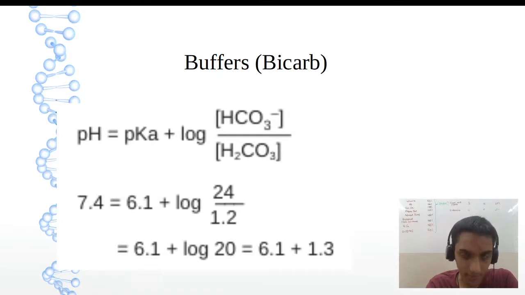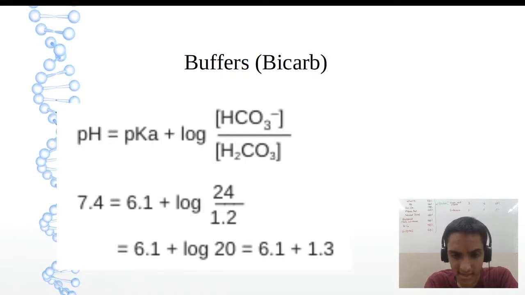Log 10 is 1. So we'll get 1.3. Now after doing this, 7.4 is the result. That means at a pH of 7.4, this buffer is effective. And if we compare all the three buffers together, bicarb buffer is the most effective.